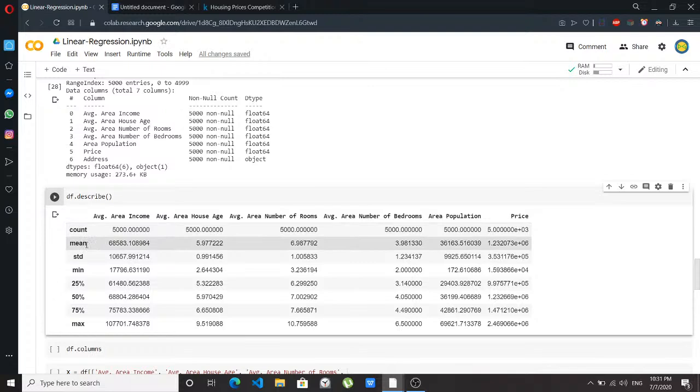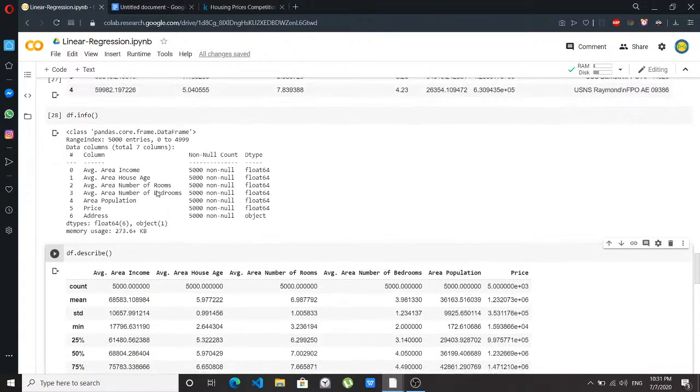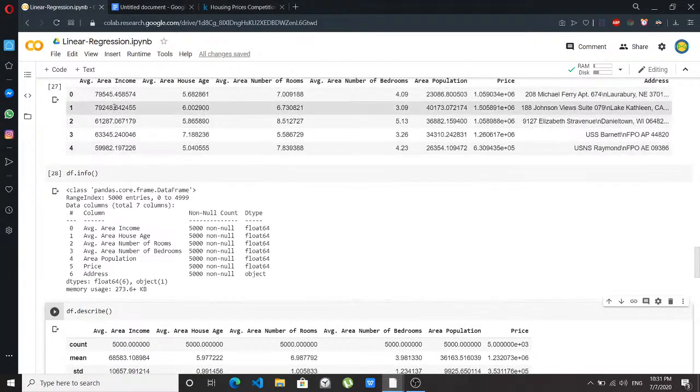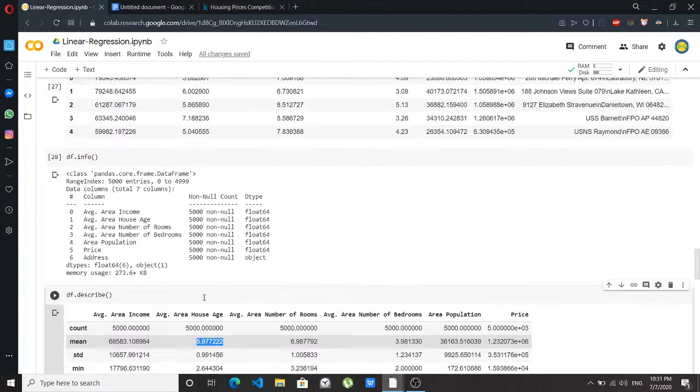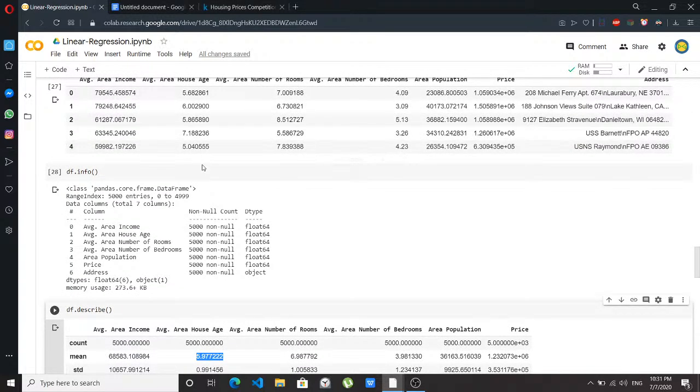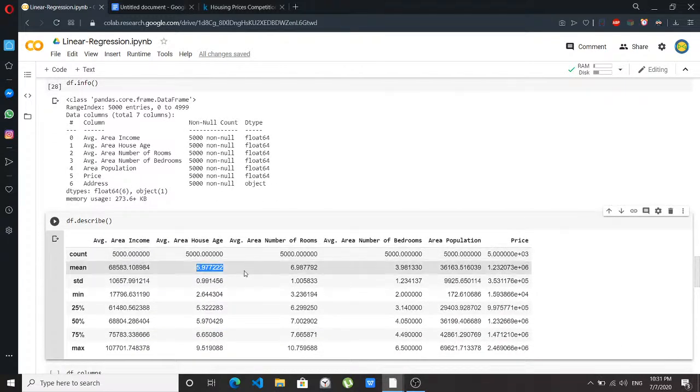So we have a mean value. What describe did was add all the values and divide by 5000 to find the mean value for average area income. And as you can see here, of all the houses given here, the average age of the house is 5.9, that is around 6 years.